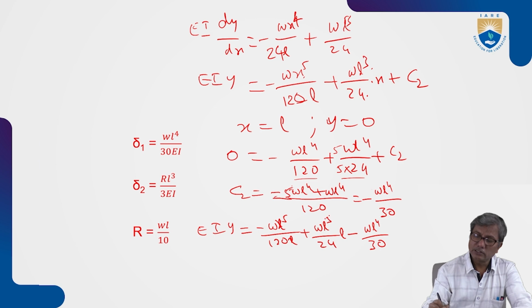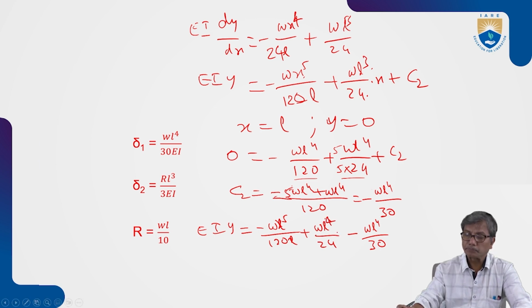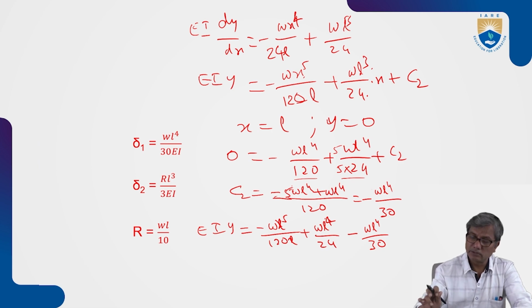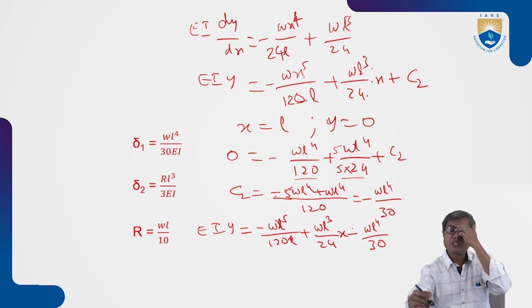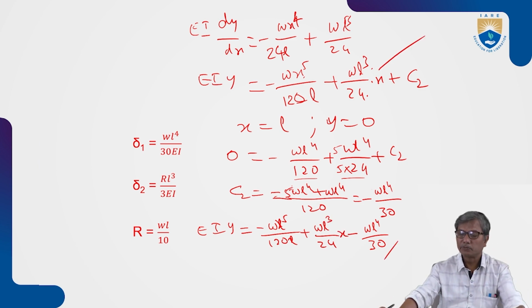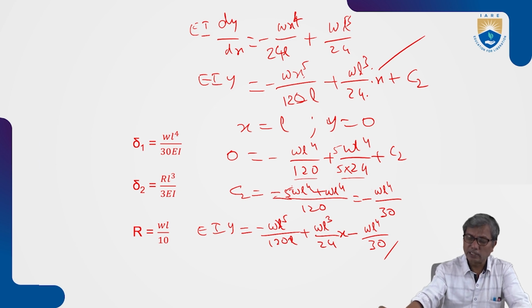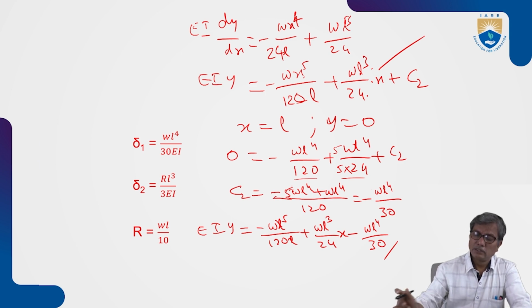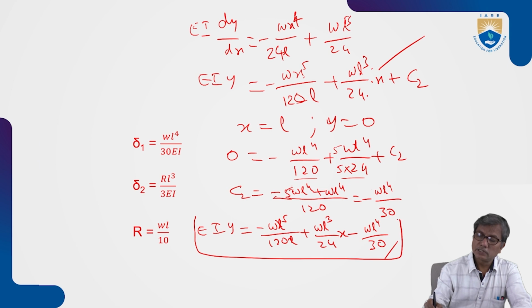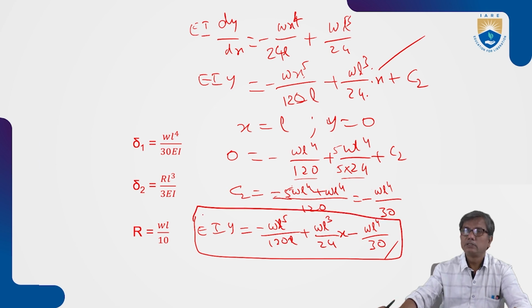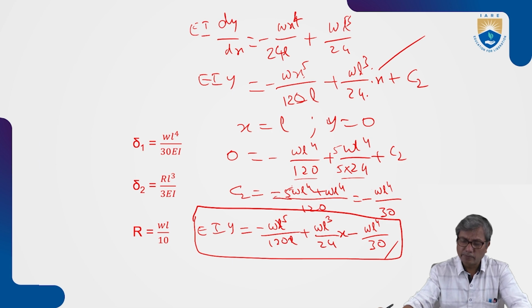Yeah, taking this here, L power 4, it becomes WL cube x, isn't it? WL cube x here. In this equation, we will substitute C2. Now, this is the governing equation for finding out deflection at any point along the span.